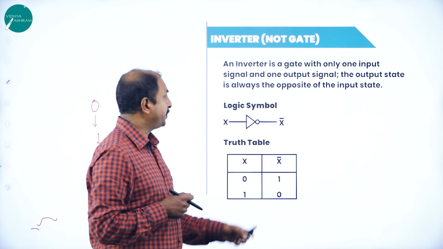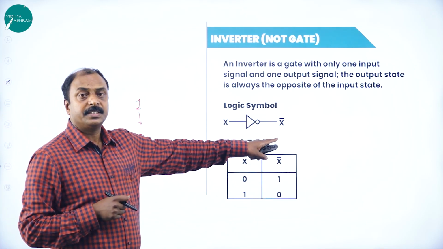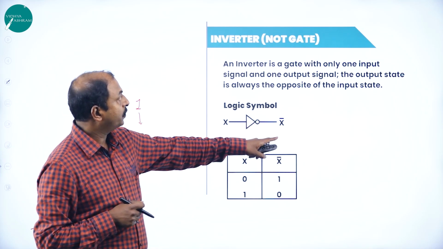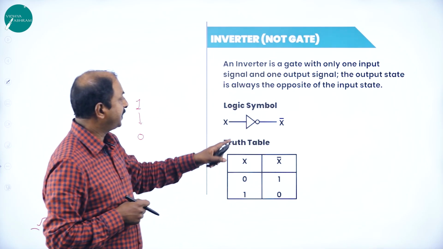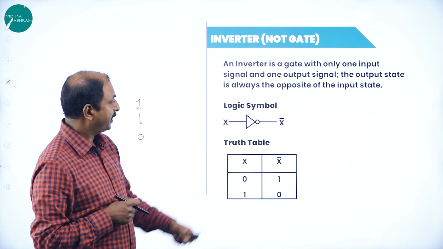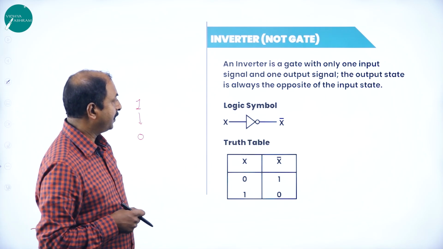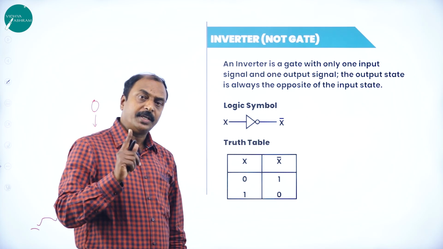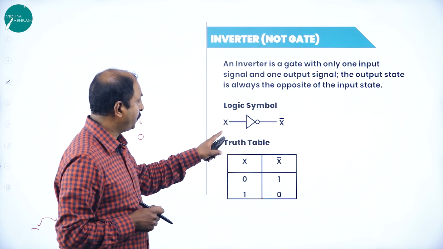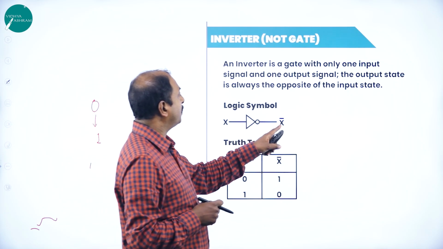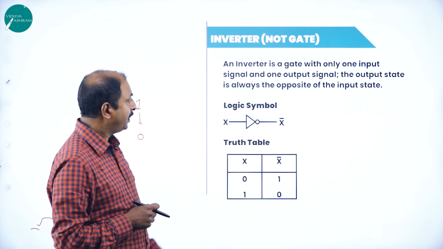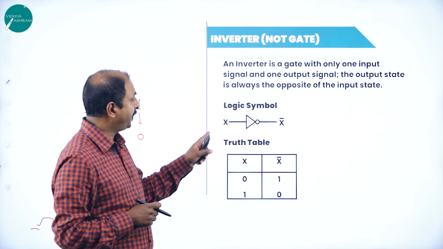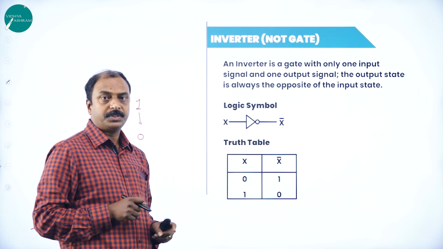Now let us see the logic symbol, or digital circuit, or logic circuit of the NOT gate. You can see a diagram here. This is the logic circuit, and here X is the input because it takes only one input, and X0 is the output. So there is one input signal and one output signal.